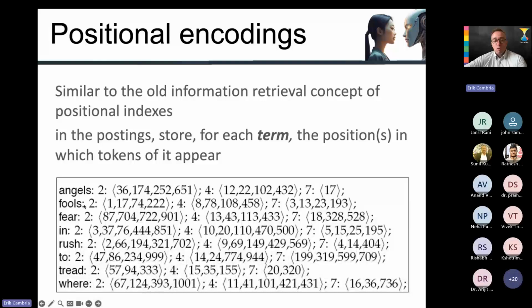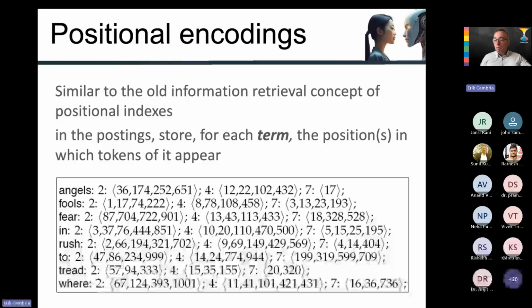So for example, here, document 2 will start with the word fools, and then I can't find the number 2, but these vectors here are encoding not only in which of my documents each word appears, but also which position inside the document. So this is a very fine-grained encoding of where each word is. And why do I need this? Exactly because I need to encode context.